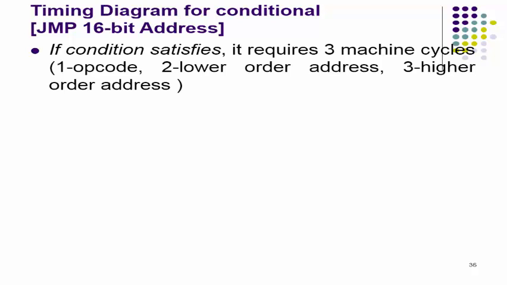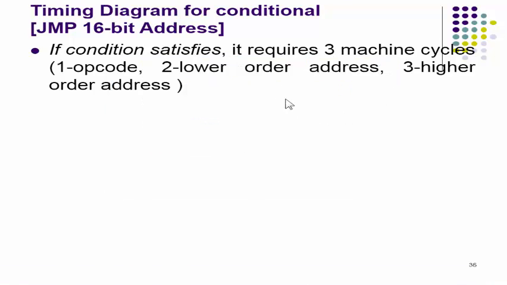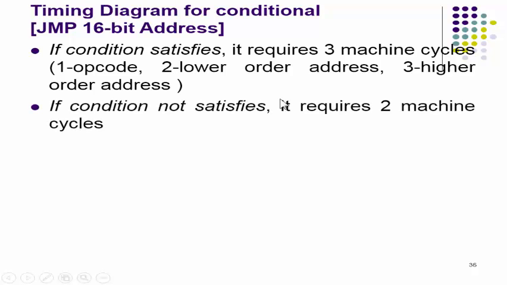At that time it requires 3 machine cycles: the first is opcode fetch, the second is the lower order address operand fetch, and the third is the higher order address operand fetch. All jump instructions are 3 bytes in size.